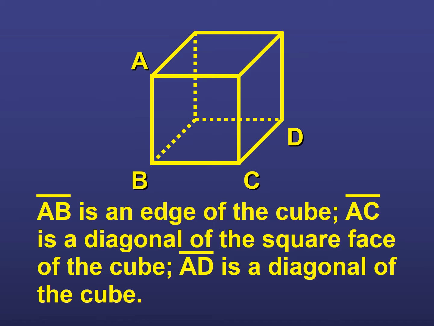So there's 12 edges. Then you have AC is a diagonal of the square, okay, the face of the cube. And then you have AD is a diagonal of the cube. So there's the edge. Here's the diagonal of the face. Here's the diagonal of the cube.